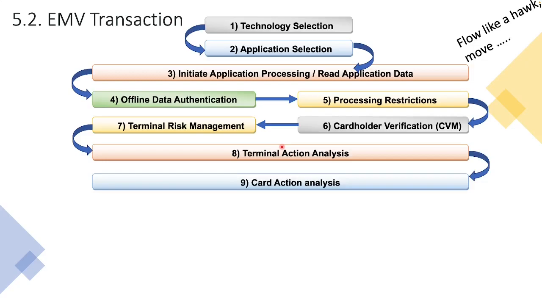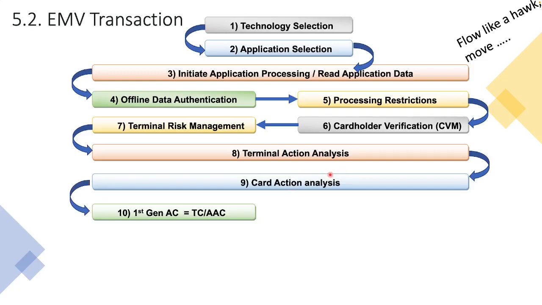Once the terminal action analysis is done, we go into the 9th phase, which is card action analysis, where the card also has a look at the various parameters and criteria present in the transaction to analyze what sort of authorization decision it should come to, obviously taking the terminal action analysis into account when it does this.